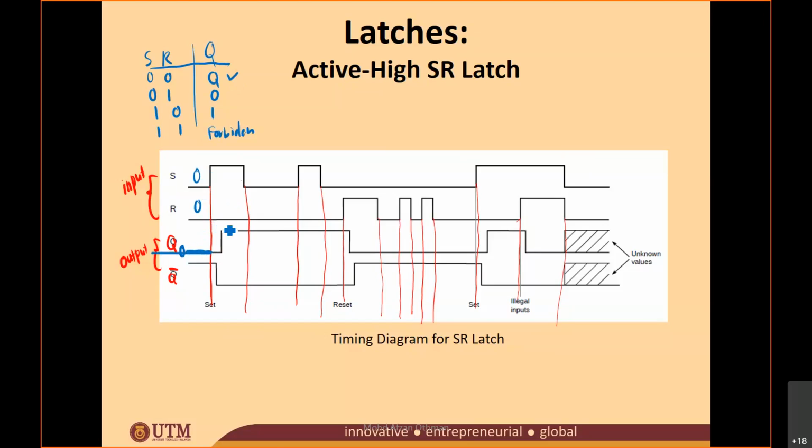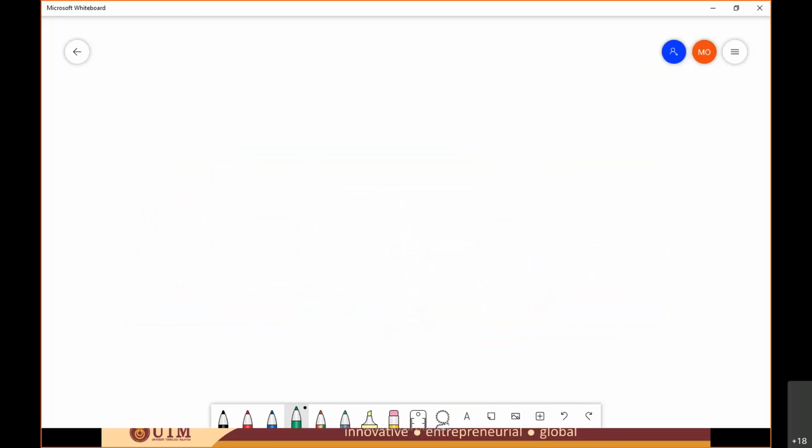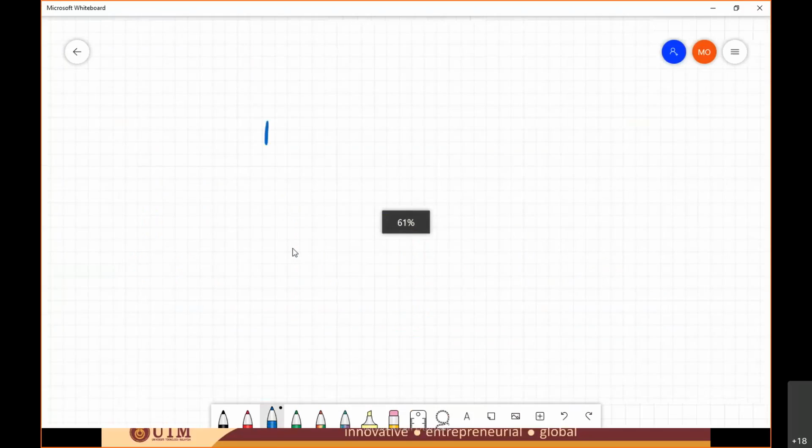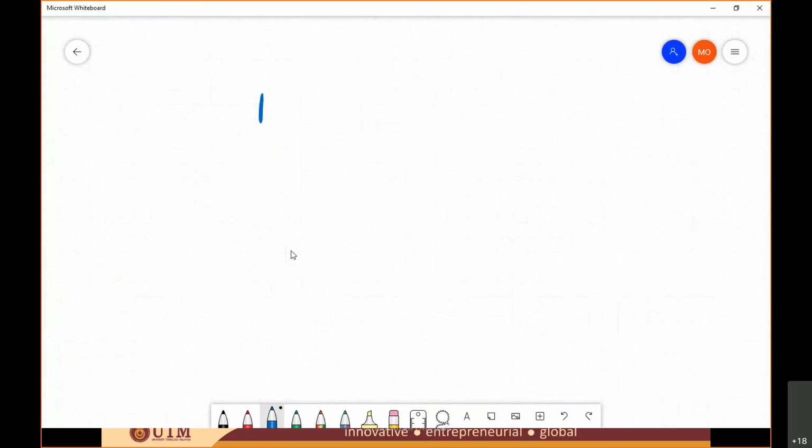And then from here, I'll draw on the whiteboard, you can see a bit better. Okay, this is your SR latch, and this is the timing diagram.